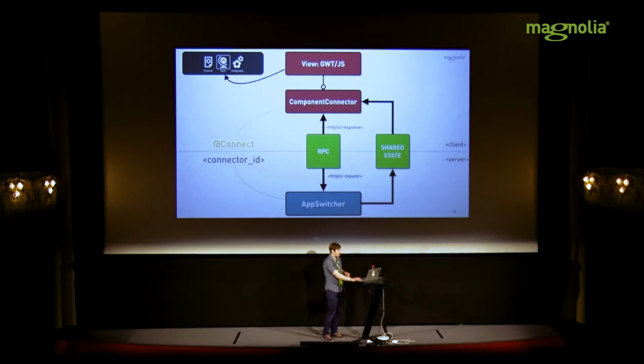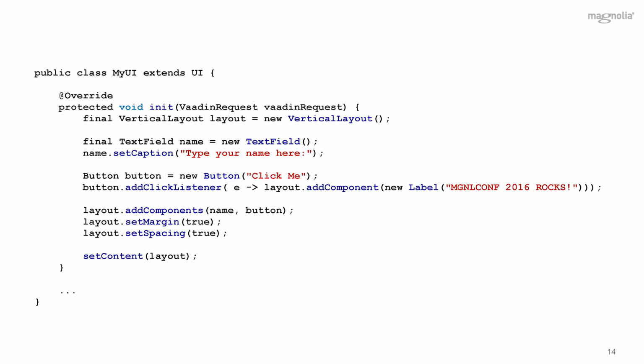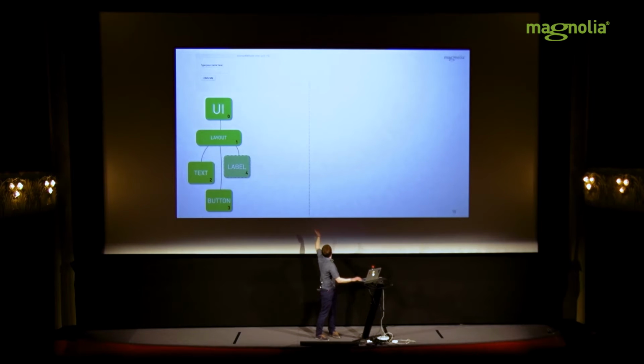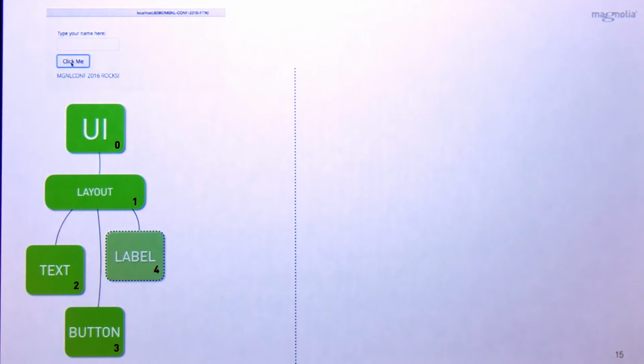But now we can return to the initial snippet that I've shown to you and see in a bit more detail how communication actually works. So here we have a layout, a text field, and a button. And imagine that we click a button. So there is, hopefully the video is running. Yes, the button is being clicked, the label is being added. And how does that happen?